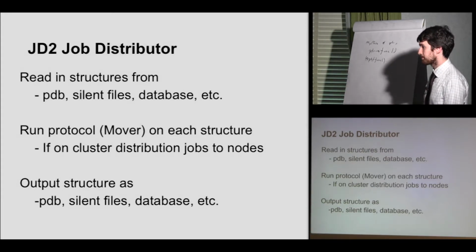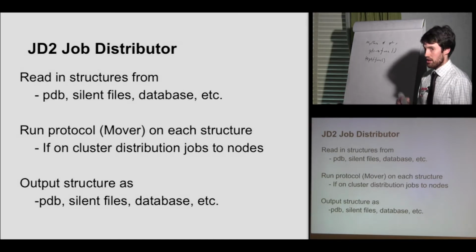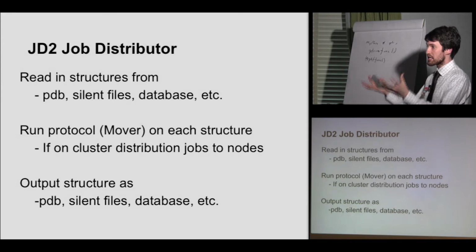It doesn't handle multi-threading, right? So distinguish between MPI parallelization and multi-threading. Multi-threading is on a single computer. There's one instance of the program, and it can run stuff in parallel within the instance of the application.